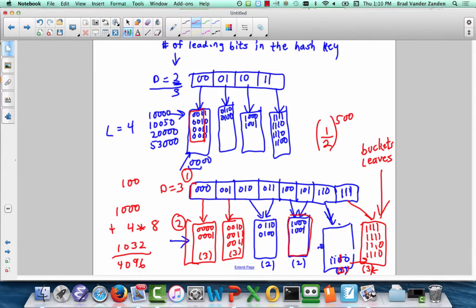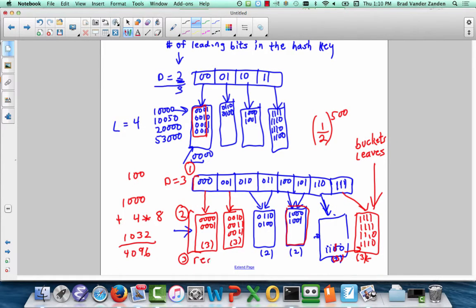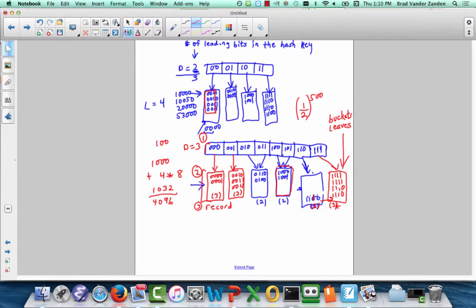So the third disk access may in fact be to get your record. And it is this one right here that parts of it may be cached in memory. But this one itself is also sitting on a disk, and you're doing a calculation.